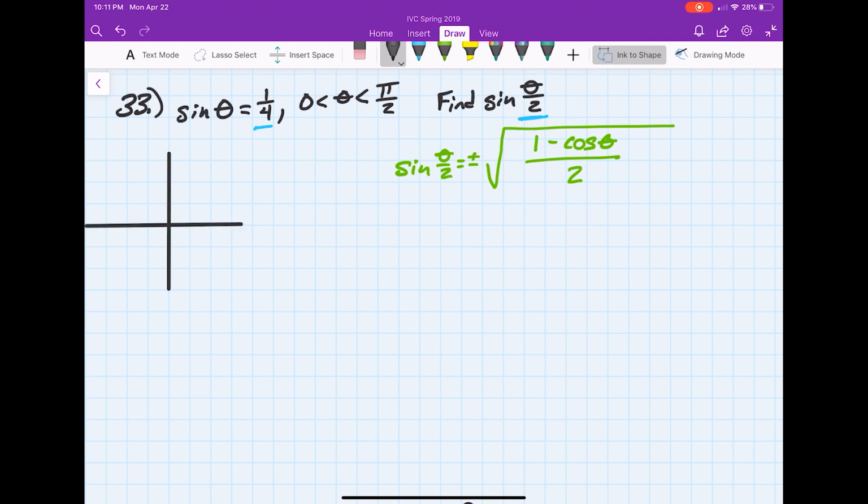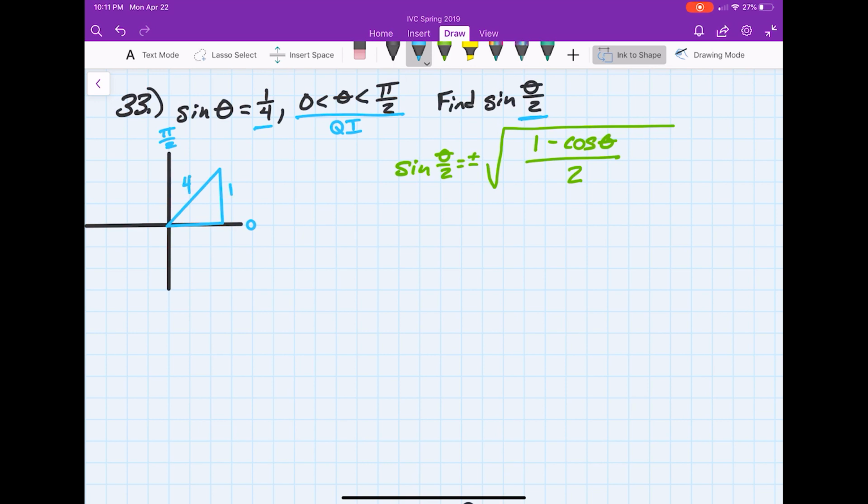So we know that we are going to be in quadrant 1. We kind of need both those bits of information to realize we're in quadrant 1 or quadrant 2. So since we're between 0 and pi over 2, this automatically tells us we are in Q1. And sine is positive, so we could only be in Q1 or Q2. Anyway, so here's our triangle.